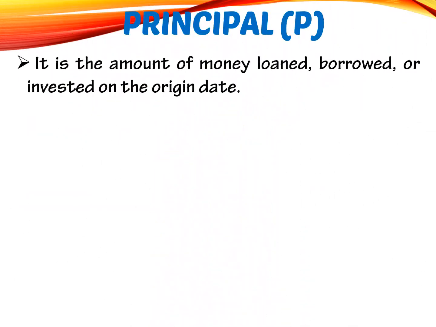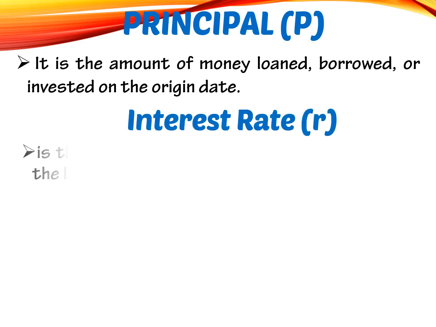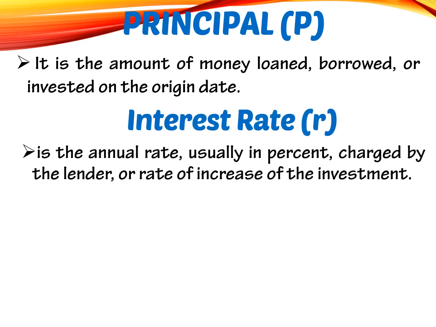To compute for the maturity or future value, we also have to understand the following words or terms. First, we have the principal, symbol is capital P. It is the amount of money loaned, borrowed, or invested on the origin date. Interest rate, denoted by R. It is the annual rate, usually in percent, charged by the lender or rate of increase of the investment.